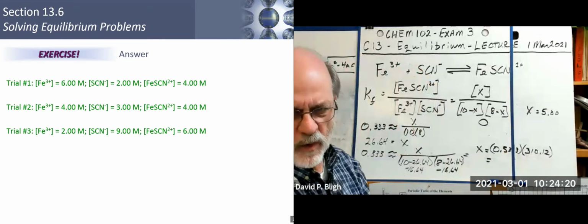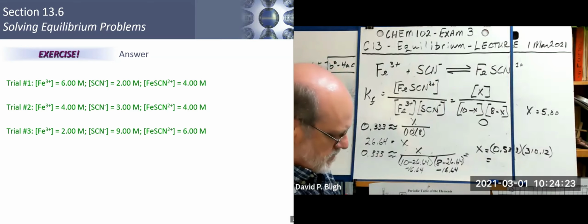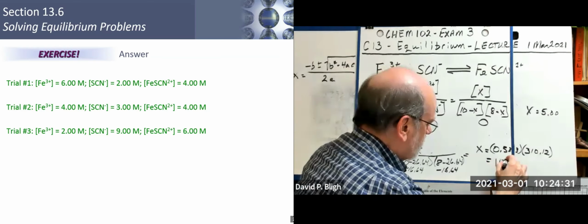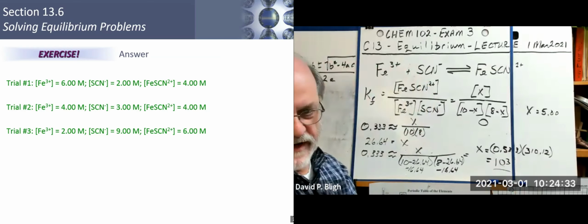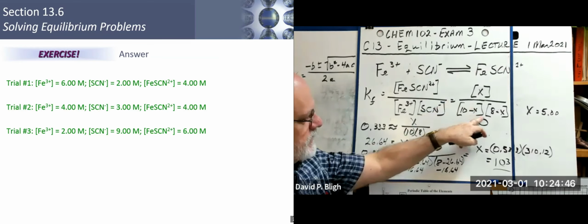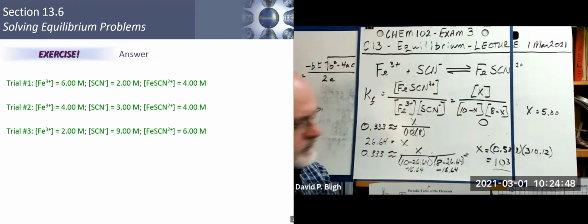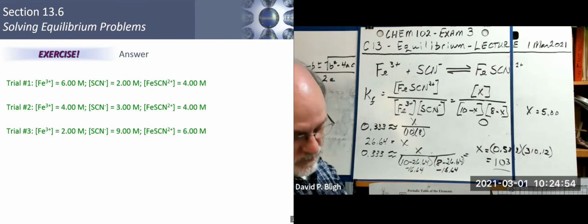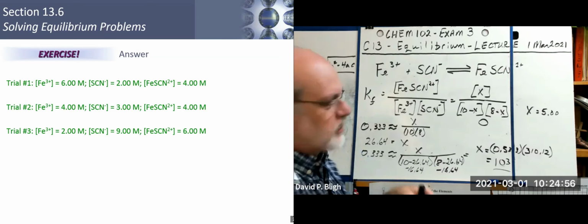I think this one's going to be even worse. Yeah, 103. So we're going the wrong direction, aren't we? So successive approximations doesn't work here. My guess is we would have to put the X in here and leave these alone, which makes for a quadratic, and that, okay, bad example. I never tried that before, so I learned something new. It doesn't always work.